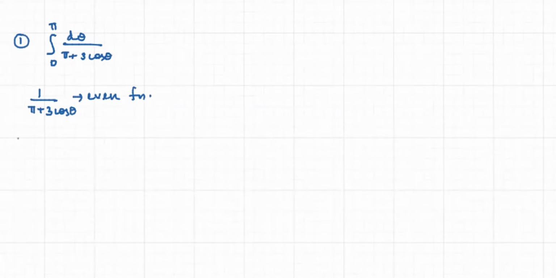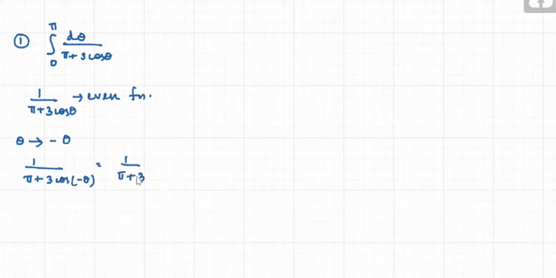Because when you replace theta by minus theta, you will get 1 by pi plus 3 cos of minus theta, and cos of minus theta is cos theta. So f of minus theta is equal to f of theta, and that's why it is an even function.